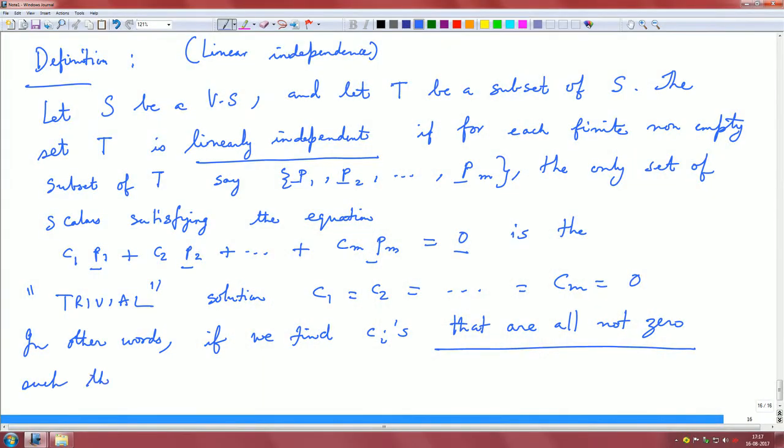Such that sigma i equals 1 to m C sub i P sub i equals 0. With a slight abuse of notation you may omit the bar for 0, but you have to imagine that it is a 0 vector. There is a difference between a 0 scalar and a 0 vector; here it is a 0 vector.